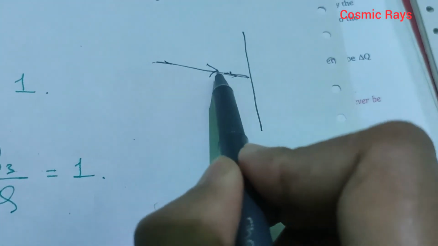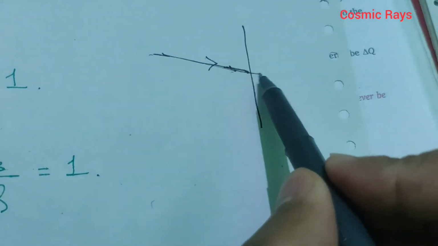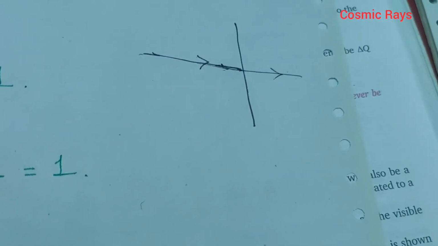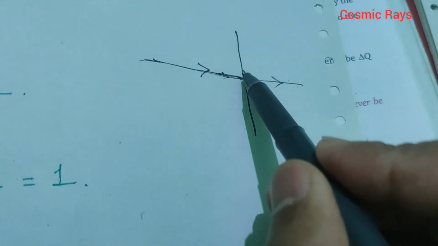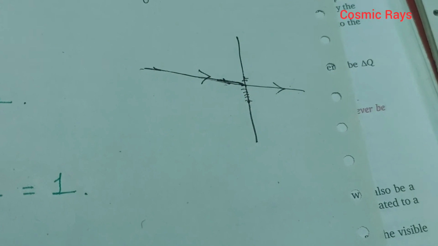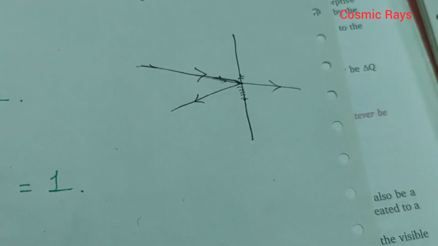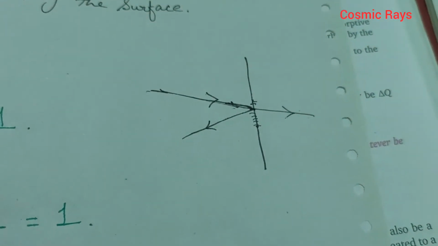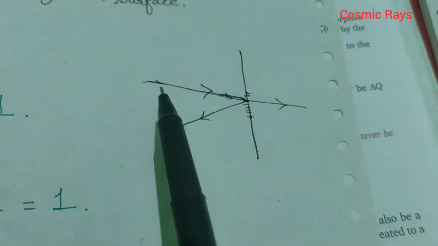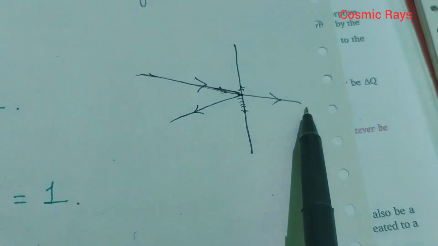Either it can pass through it, that is known as transmittance, or it will be absorbed by this surface, or some will be reflected. So these are the three phenomena that take place when radiation falls on a surface. Some part will be reflected, some part will be absorbed, and some part will be transmitted.